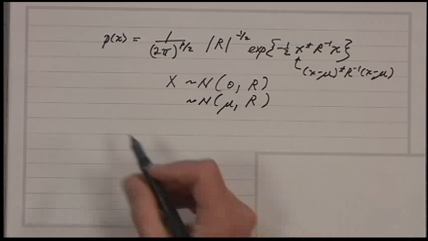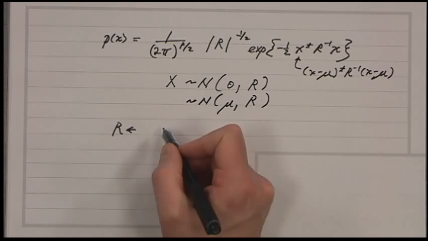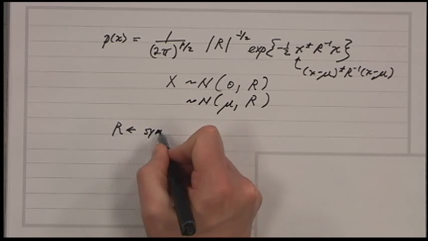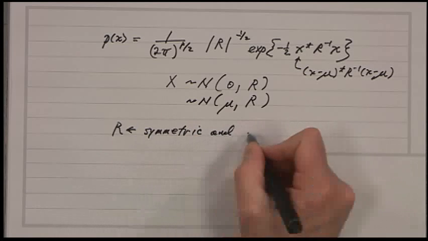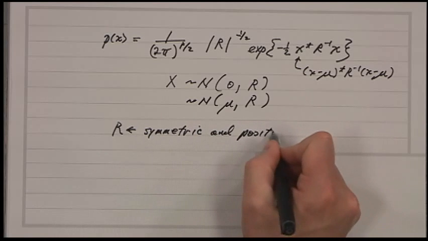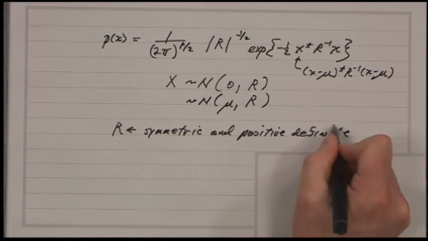So the covariance matrix R is a symmetric and positive definite matrix.